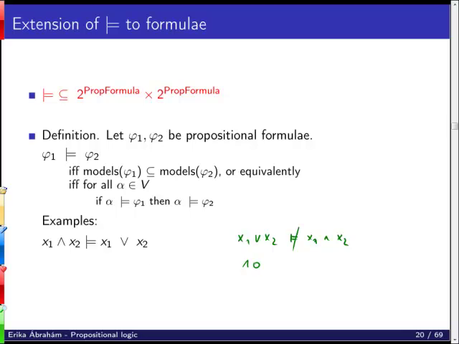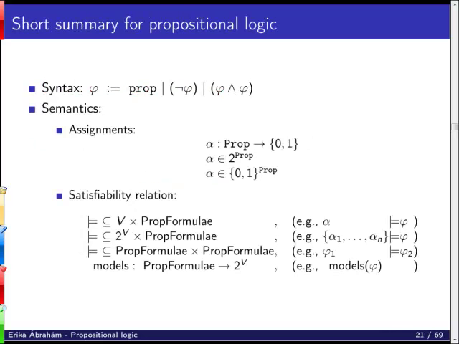Good. Now we had enough formalities for syntax and semantics of propositional logic. So just to conclude. We have a syntax, we have propositions, negation, and conjunction. We can define syntactic sugar like disjunction, implication, and so on.